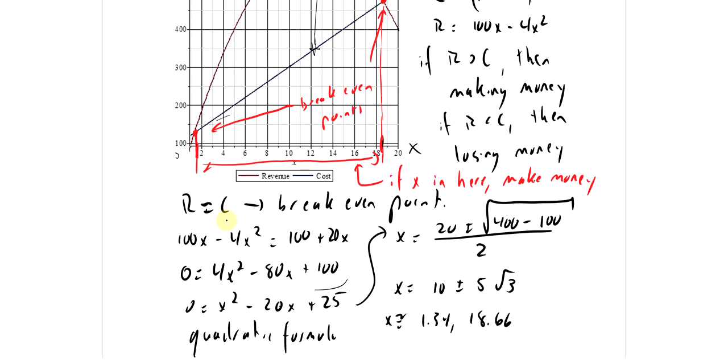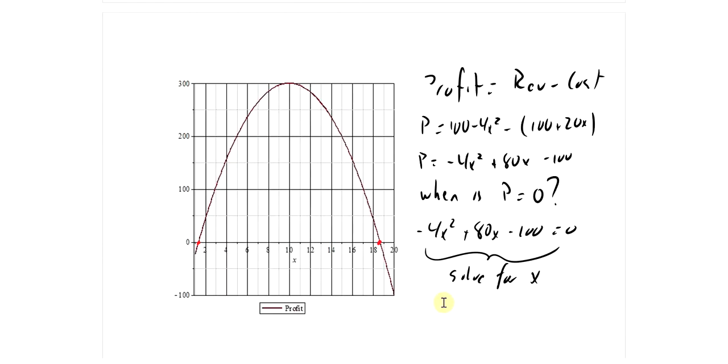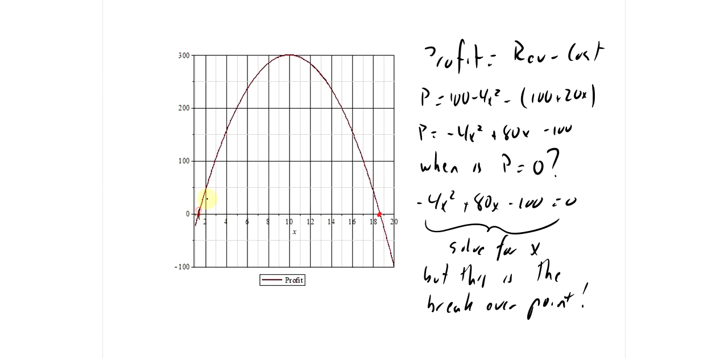Revenue equals cost. It's a break-even point. So revenue equals cost is when your revenues are equal to your cost. That means you've got no profit. So we actually already know what this is. We know what those are. They're 1 point something here and 18.66.